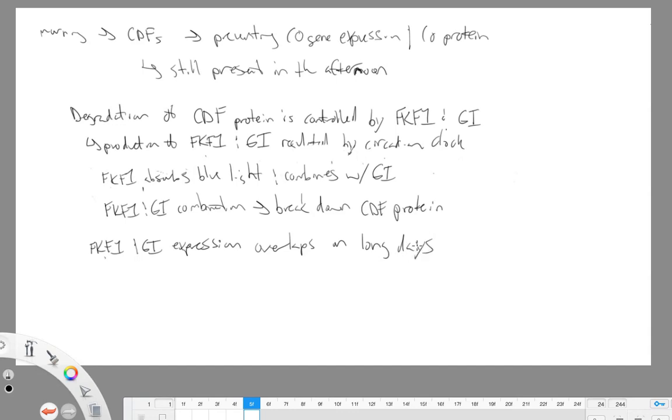Right, so on long days, once you get past that critical day length, that threshold, is when you're going to see this overlap. And when this overlap occurs, these things will combine and they will break down that CDF protein. And when we break down that CDF protein, it allows for the production of this CO gene and the CO protein and the production of the flowering locus protein.